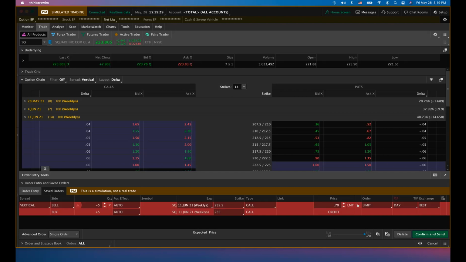Then when all the noise cools down and people are like, what happened, is it still burning? No, there's no fire. Prices are back to normal. Now you can buy back your spread. So what's true for credit spreads most of the time, the opposite is true for debit spreads. Low volatility, good for debit spreads. High volatility, good for credit spreads.